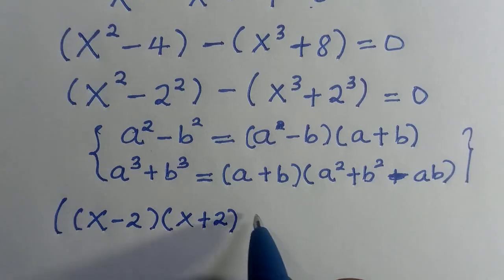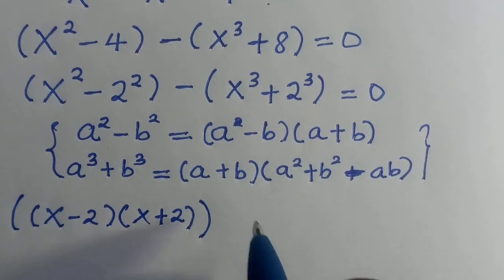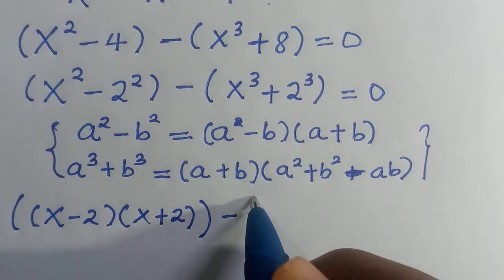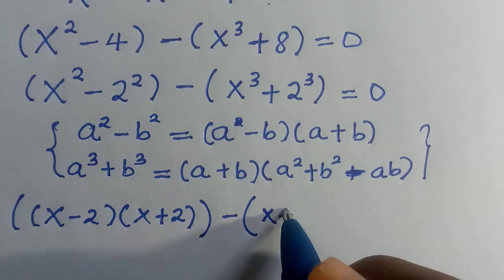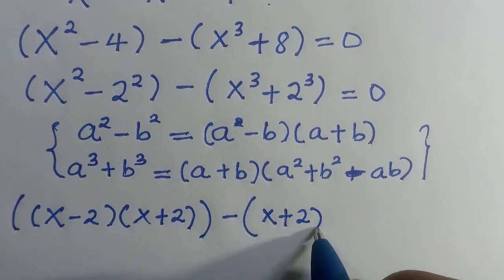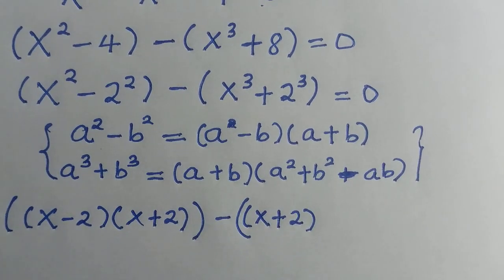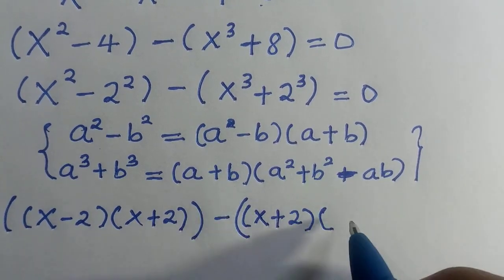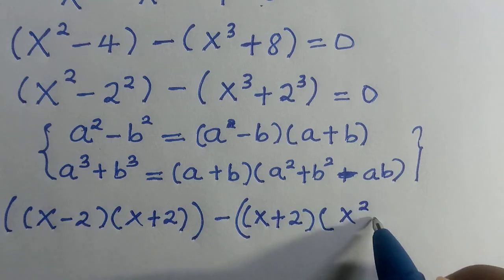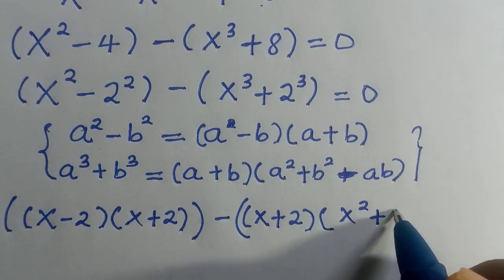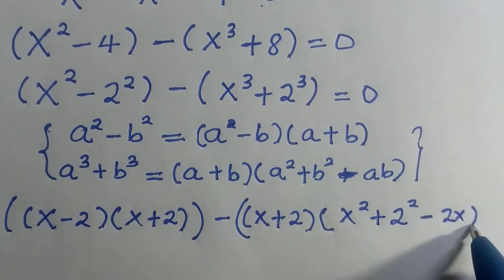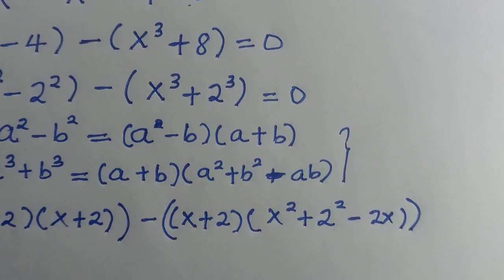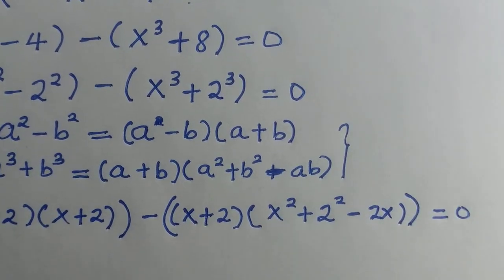All these are together. Then we have minus, open bracket, so for a plus b is going to be x plus 2 in parentheses, open bracket, so we have this as x squared plus 2 squared minus 2x, for the second one, and everything equals 0.